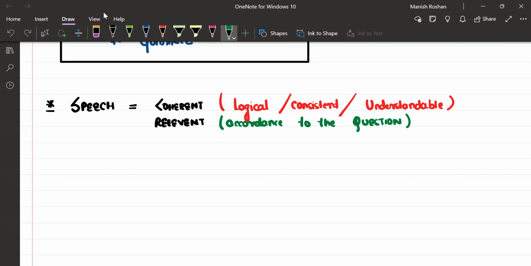So these two terms are very important. We have to differentiate them. So keep in mind what is coherent and what is relevant. Next is the tone. You can label it as tone was raised or tone was low, and it actually means loudness.